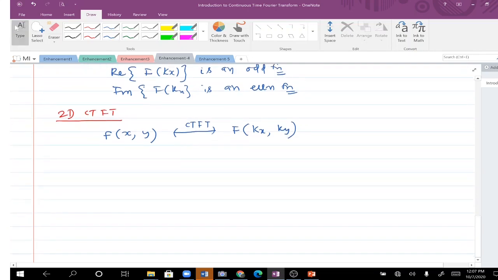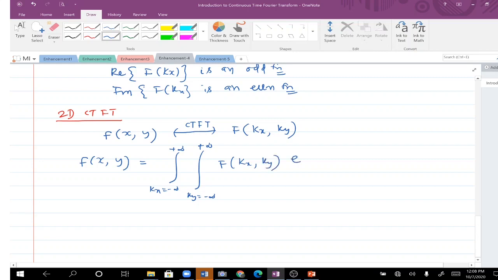Now how do you write f of xy in terms of the other? F of xy is equal to, with kx varying from minus infinity to plus infinity, and similarly ky also varying from minus infinity to plus infinity, f of kx comma ky e power, here you will get plus j when writing small f of xy, so e power j times 2 pi into kx into x plus ky into y.